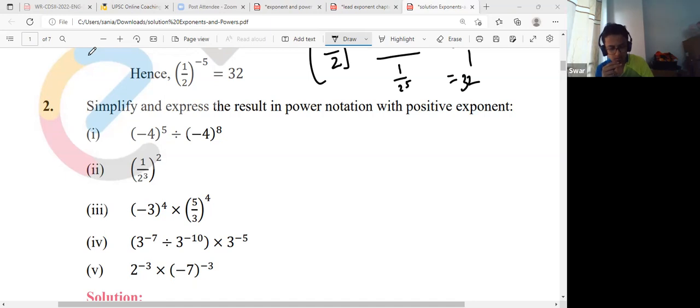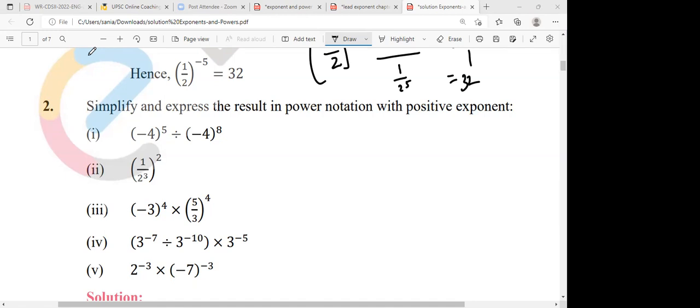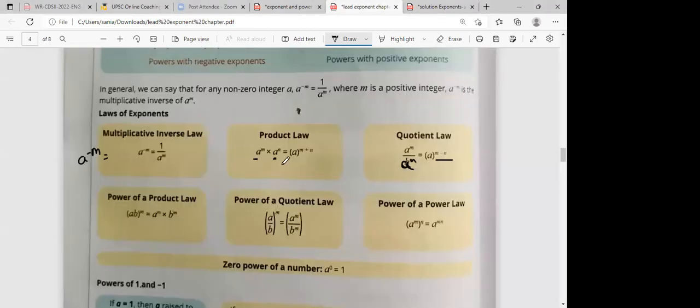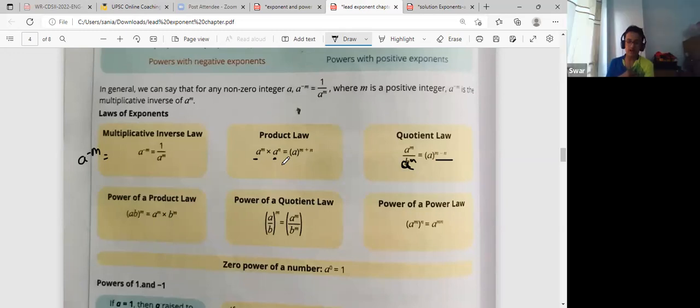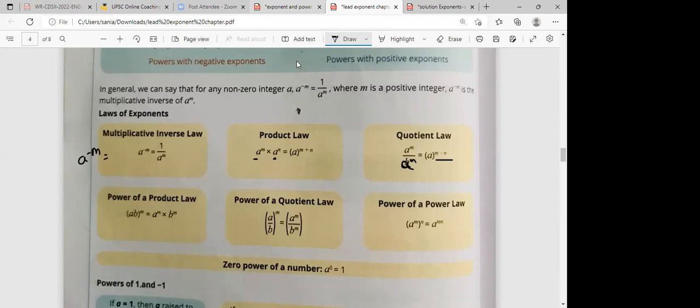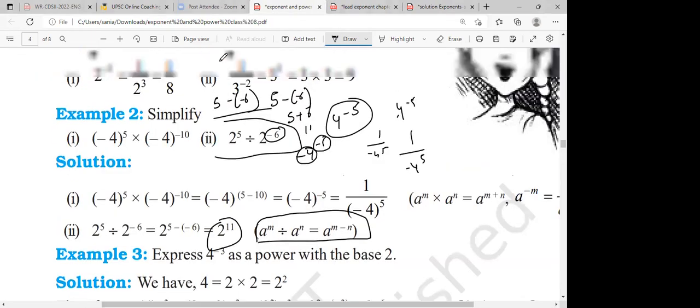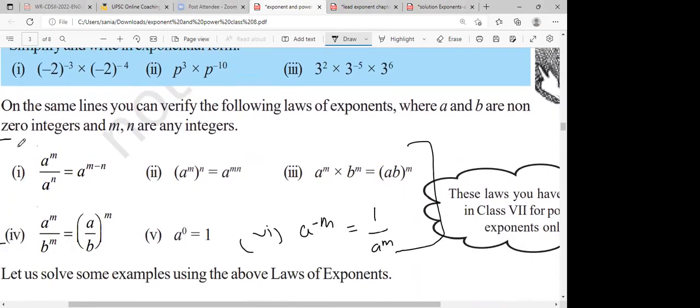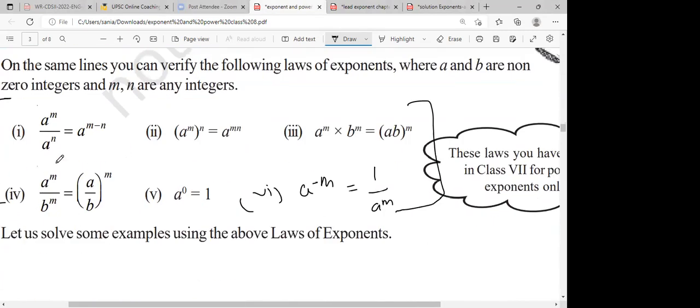Ma'am, when the bases are different and the exponents are same, what are we supposed to do? Check the property, you have written it. When bases are different and exponents are same, right?